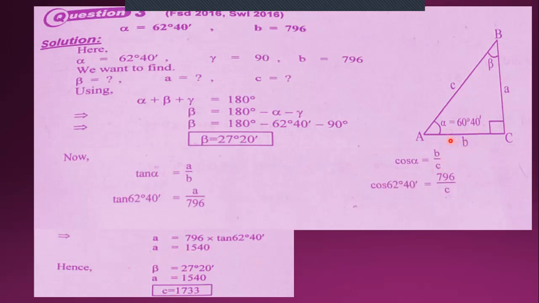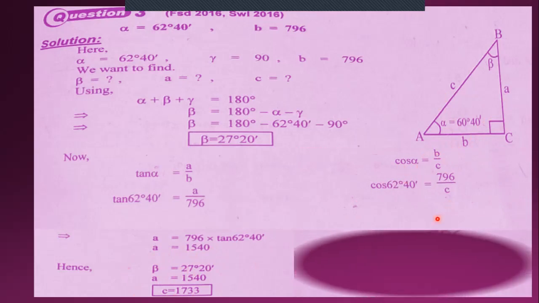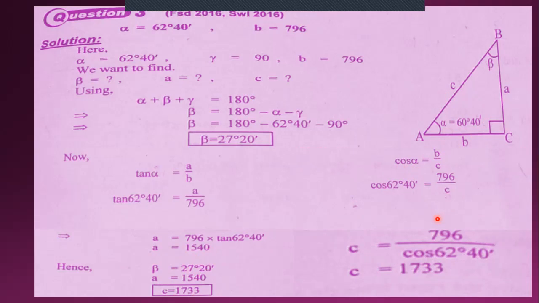If this B is known, we have connected this B in the first trigonometric function with A, and now we will relate it with C. You know that B is base and C is hypotenuse, so B over C becomes cos alpha. Then by putting the values and doing the calculation, C is equal to 796 over cos 62 degree 40 minutes, that is 1733. So this is the answer which is written at the end.